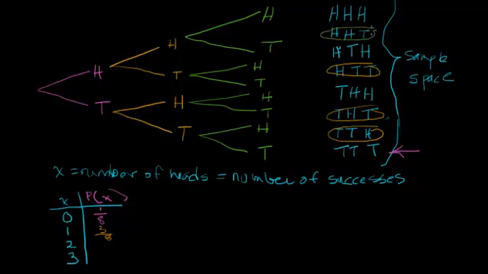Here's a 2, here's a 2, 2 heads, 2 heads, 2 heads, and that's it. So 3 out of 8 for 2, and finally for 3, of course, there's just this one, 1 out of 8. So squeezing that in, 1 out of 8.